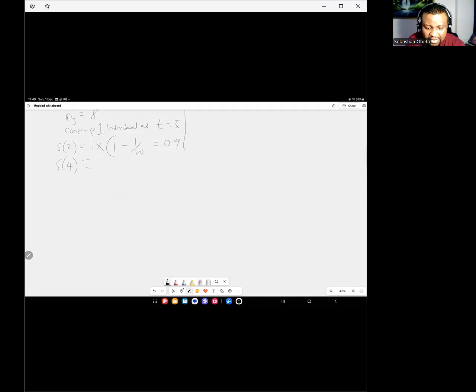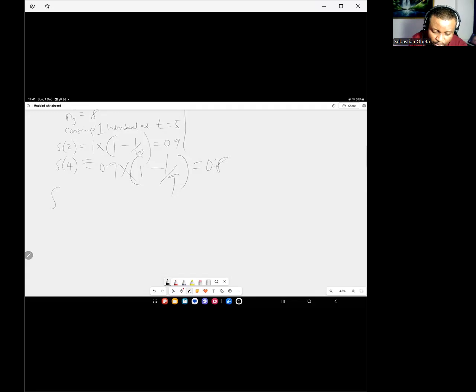So for time 4, we're going to take the 0.9 and multiply it by the survival interval. Because we've taken 1 event, the survival interval will be 1 minus 1 over 9, which will definitely give us 0.8. So we made a mistake in the first instance.